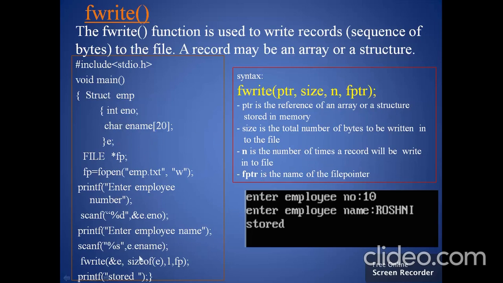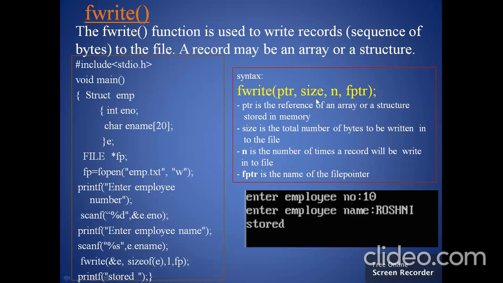Then our next aim is that the data present in the structure must be written into a file. For that purpose, we will use the fwrite function. So the fwrite function will be like this. fwrite, inside the brackets, at first we will write &e. We know that in the fwrite syntax, at first we will have ptr. Then in the place of this ptr, we will put &e. The &e will give the address of the memory location of the structure.